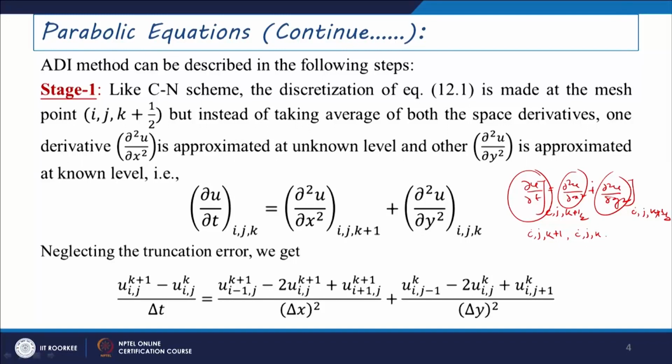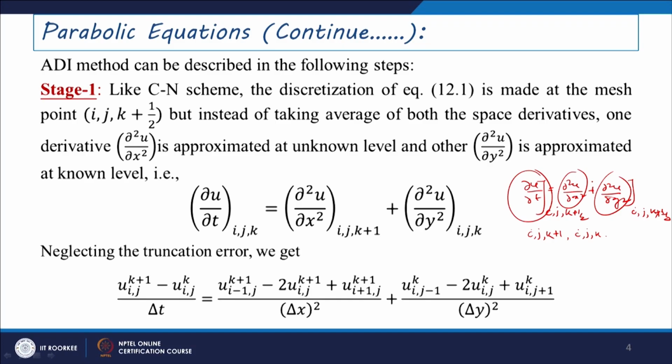But if we consider the space derivatives here, then we take the average of the space derivatives in the x direction and y direction at the kth level and at the k plus 1th level, to get it in a compiled form. So one derivative, del square u by del x square, is approximated at the unknown level for this scheme, and the other, del square u by del y square, is approximated at the known level.